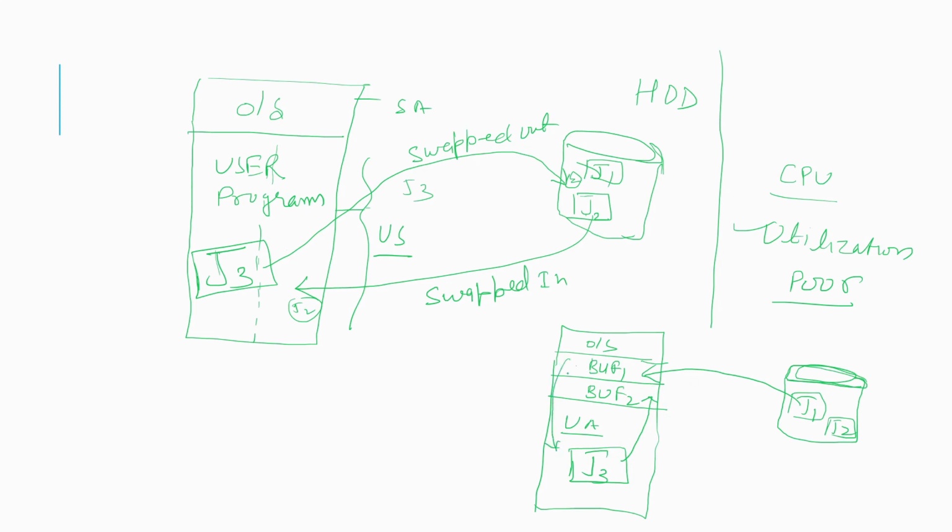The movement from this place to the buffer to this user space in the RAM, that is main memory, is very fast compared to the disk. This helps reduce the time for movement of the jobs in swapping in and swapping out, because the time will be very small, since it is within the memory itself compared to the hard disk or the secondary storage. So it speeds up the whole process.